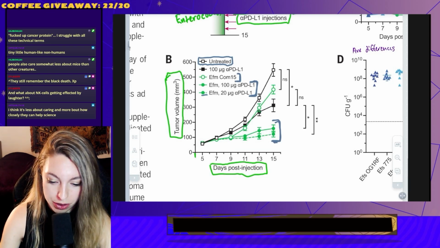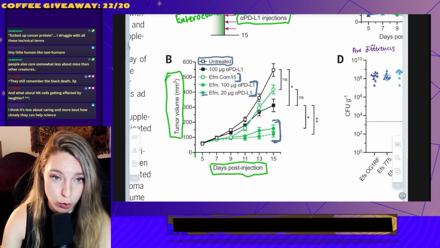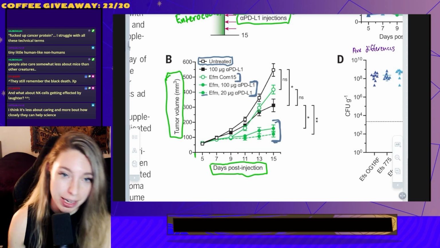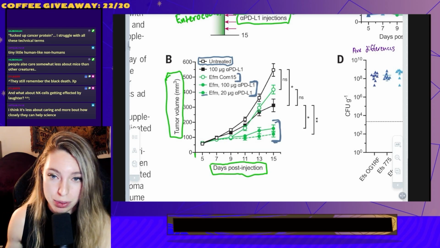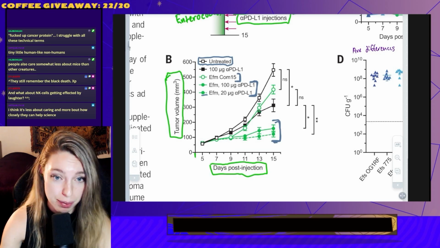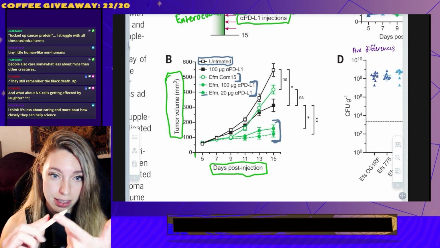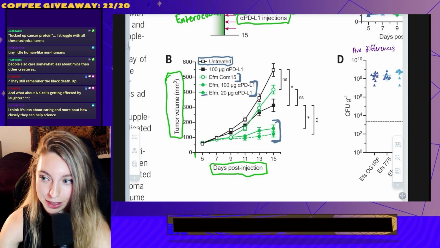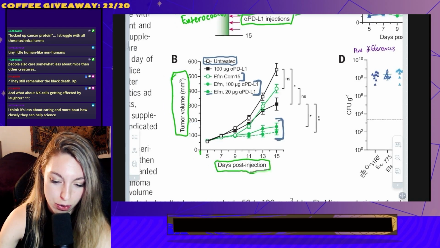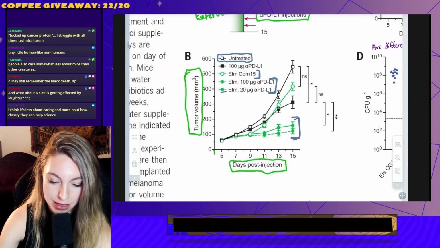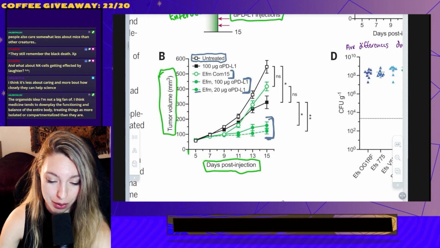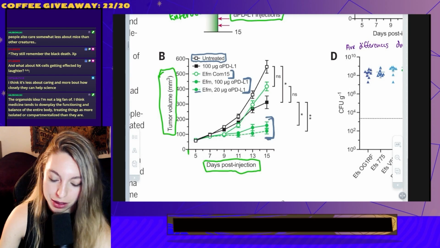And these are tumors that are in mice that, again, have drunk the bacteria, but they have also been injected with the antibody that helps T cells be more activated. So there's some type of synergy between the bacteria and the antibody treatment that's making T cells better. Does that make sense? So that's how you read tumor growth curve data. Okay, so this is cool. They're seeing synergy with their special bacteria and with their therapy.